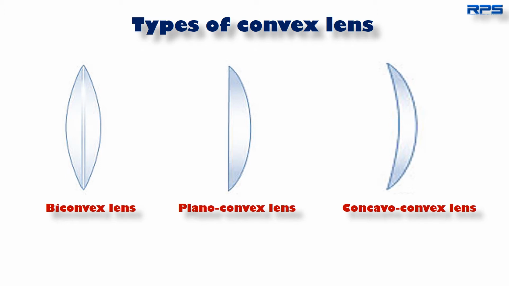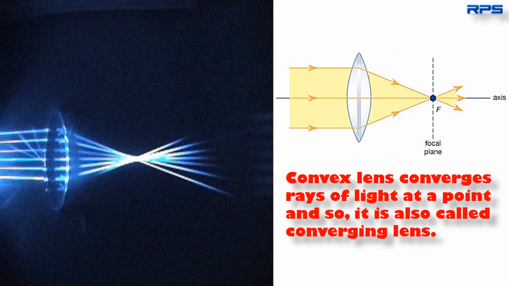Plano-convex lens that has one plane and one outward curved surface. Concavo-convex lens that has one concave, that is inward curved surface, and one convex, that is outward curved surface. Convex lens converges rays of light at a point, and so it is also called converging lens.